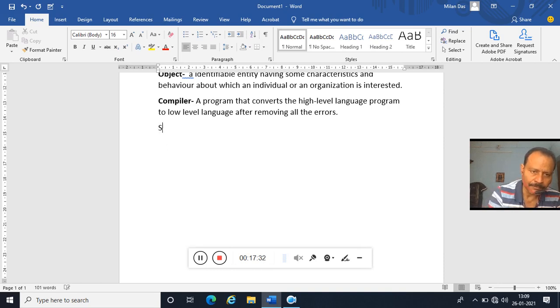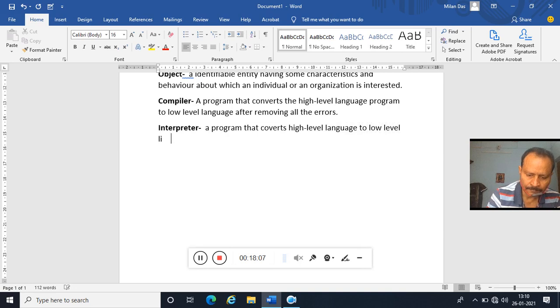Similarly, there is another one which we call an interpreter. What is an interpreter?